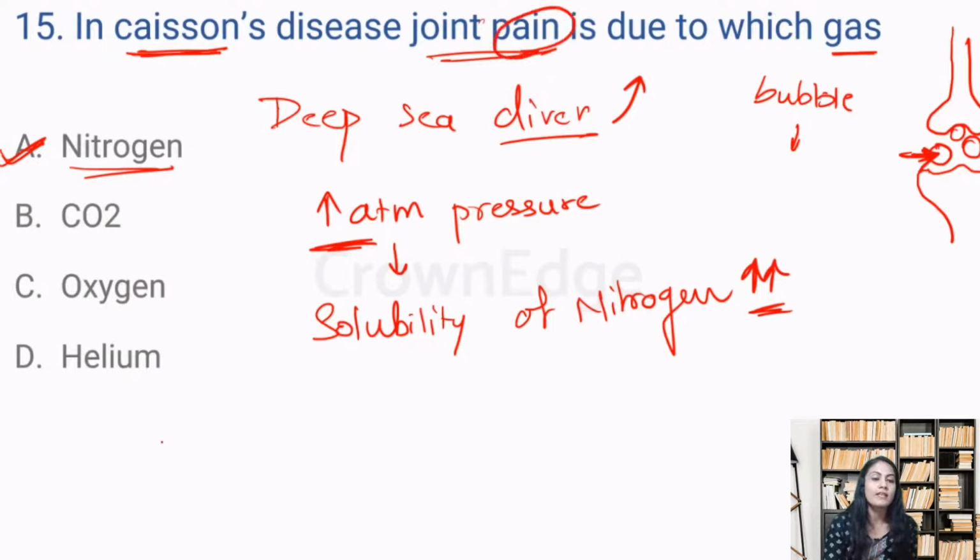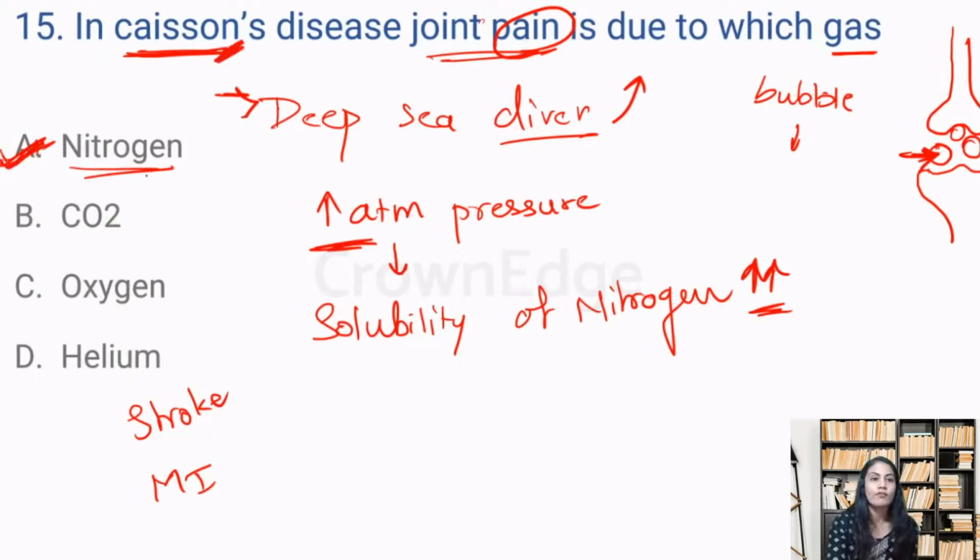Also, if they get stuck inside the brain, that can cause stroke also. If they block the arteries of the heart, that is going to cause myocardial infarction also. If they block the arteries of the lung, that is going to cause pulmonary embolism also. So a lot of complications. Okay, so just remember, Caisson's disease, which is happening in deep sea divers, is always and always because of the nitrogen.